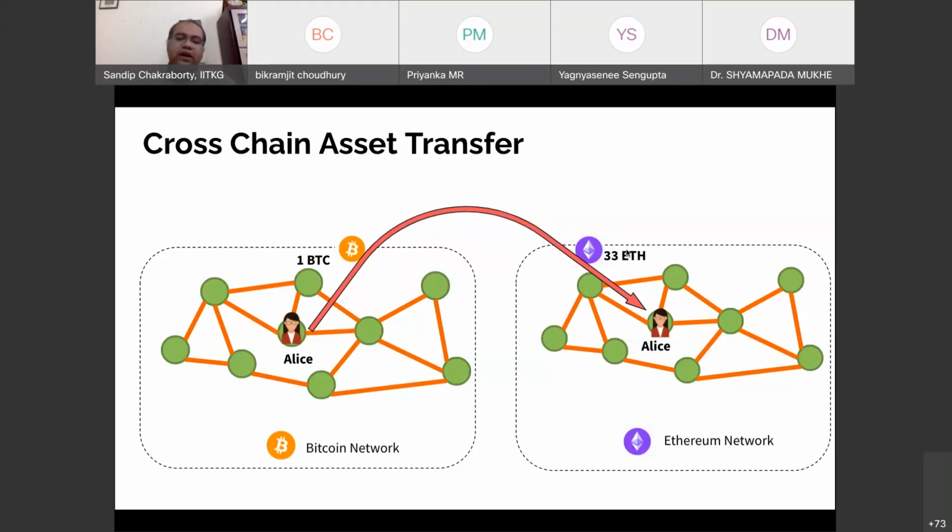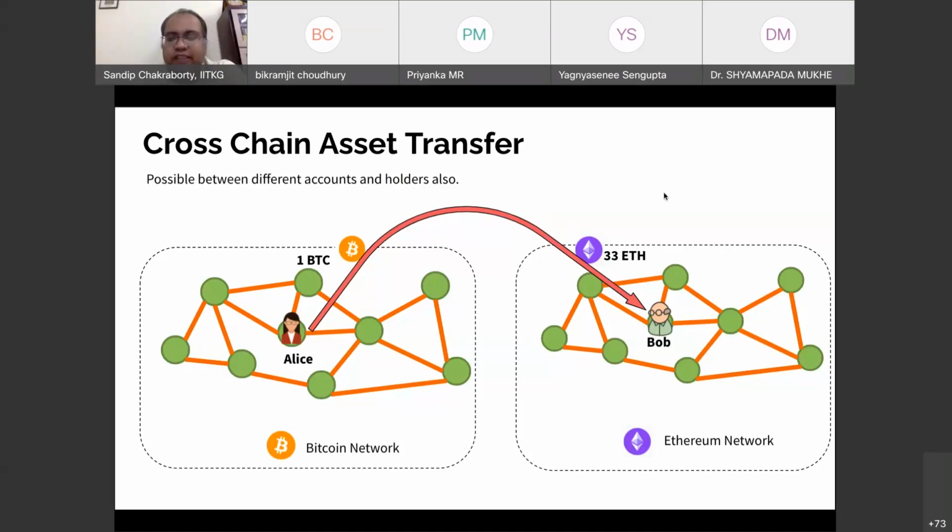We thought of a monetary system where there would be no central party, no one who controls us. So the banking system is not there anymore, and if it is not there, then who is going to do such transactions? If you want to transfer one Bitcoin from your Bitcoin network, then you will get the equivalent number of Ethereum, say, for example, 33 Ethereum in your Ethereum network.